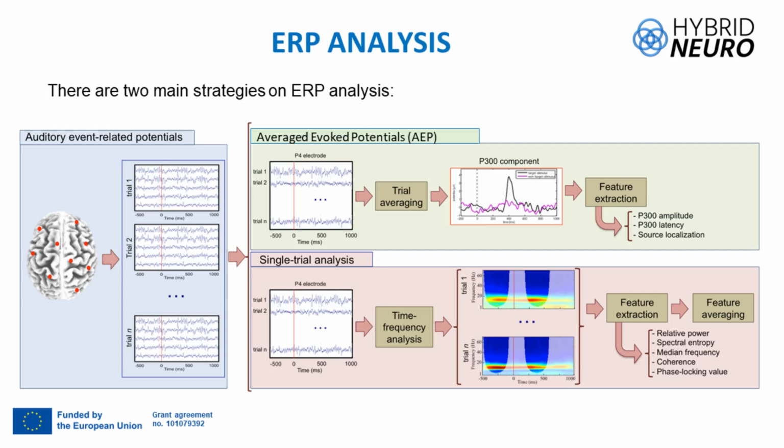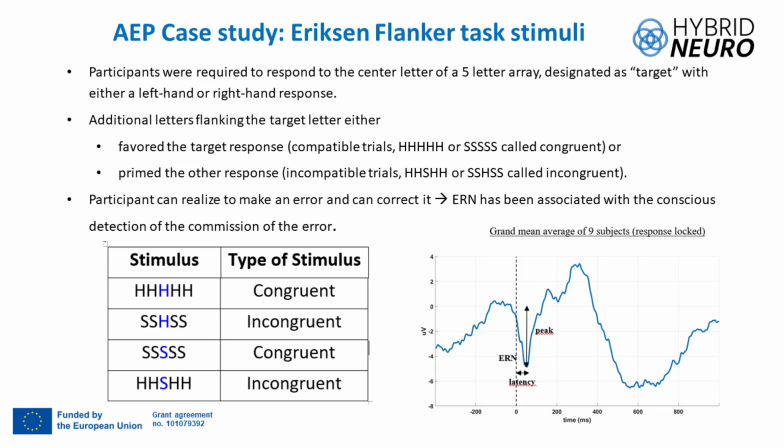When you don't average, and we will explain later why, we don't average from the beginning because we remove or reduce some interesting activity that we can observe previous to the average. Okay, I will explain an experiment which is called the Eriksen Flanker task.